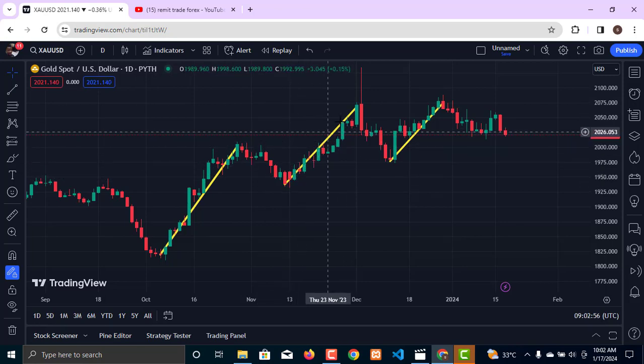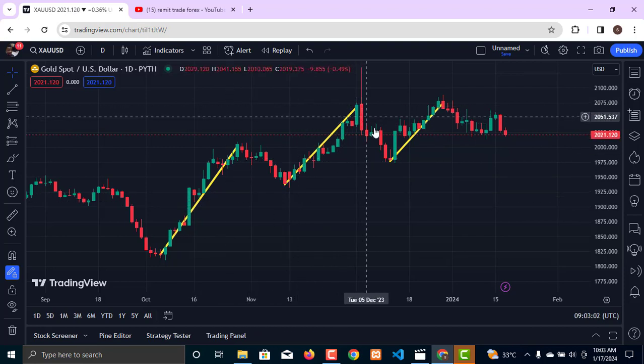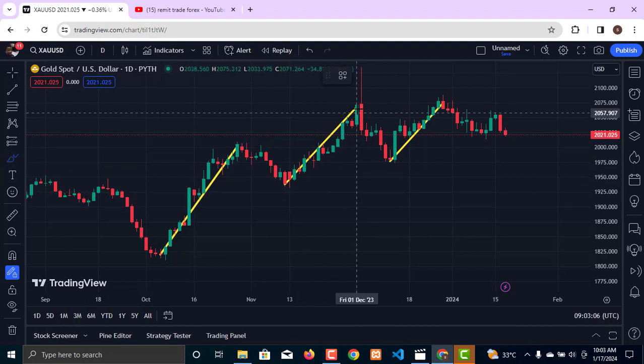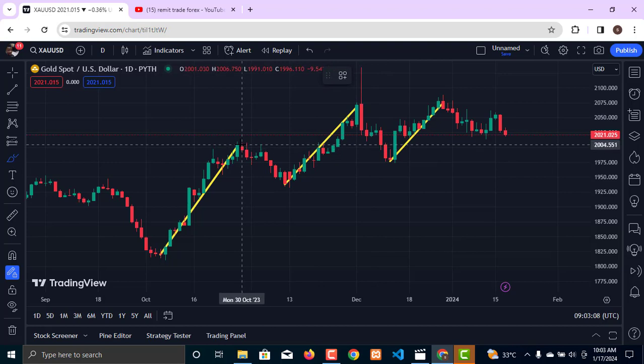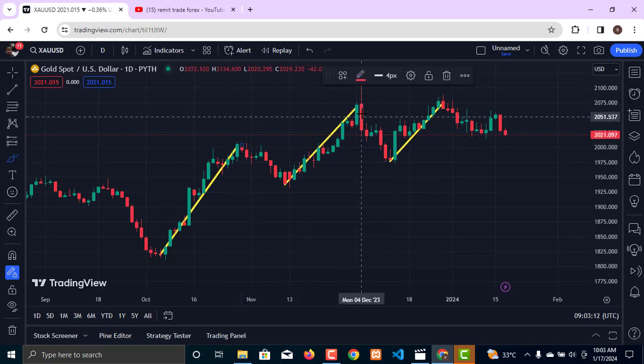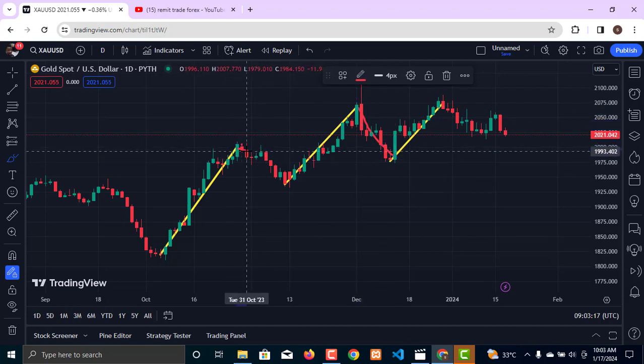The continuation cannot be compared to the move that happened earlier in the market, and then we see this retracement. One very important thing here is that this retracement is not as aggressive as what we see right here, where the bears took control of the market aggressively.